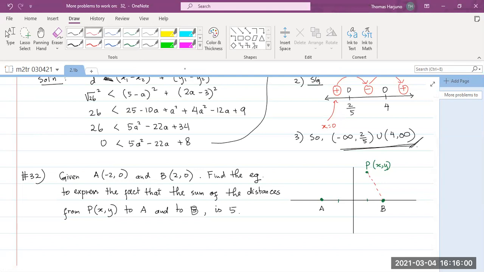Now the total distance A to P plus P to B is equal to 5. There are actually a lot of such coordinates. It may be here, maybe here, whose distance to A plus distance to B equals 5.